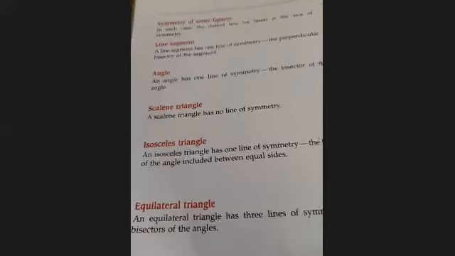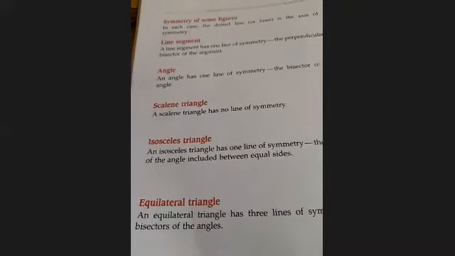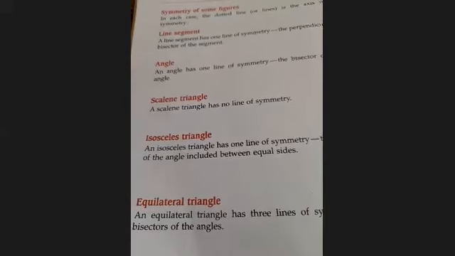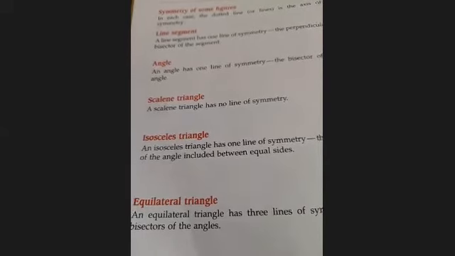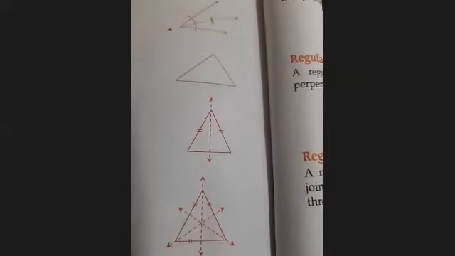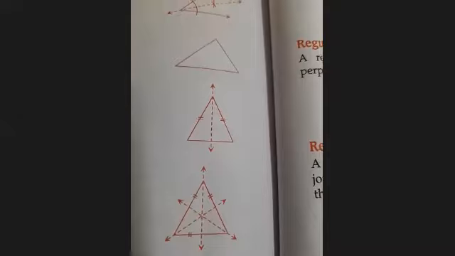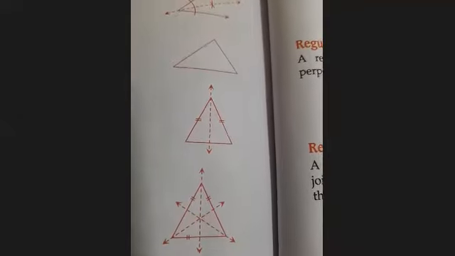Next is an equilateral triangle. Yes, friends, as you know, in an equilateral triangle, all three sides are equal in length. So an equilateral triangle has three lines of symmetry. This is an example of an equilateral triangle. Three sides.